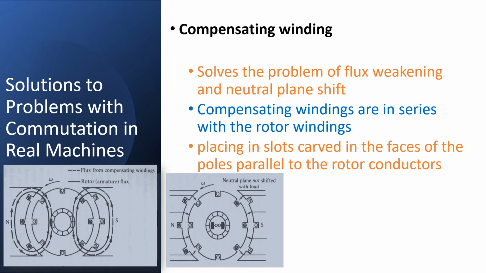Then we have the compensating windings, which solve the problem of flux weakening and neutral plane shift. Compensating windings are in series with the rotor windings, placed in slots carved in the faces of the poles, parallel to the rotor conductors.